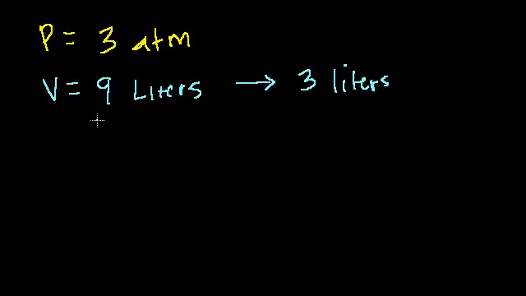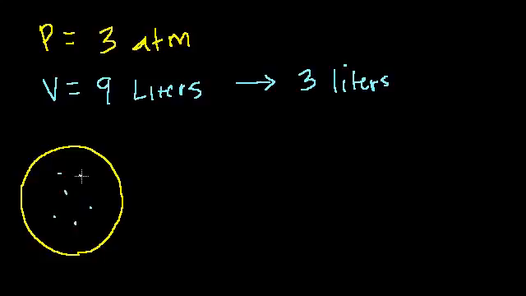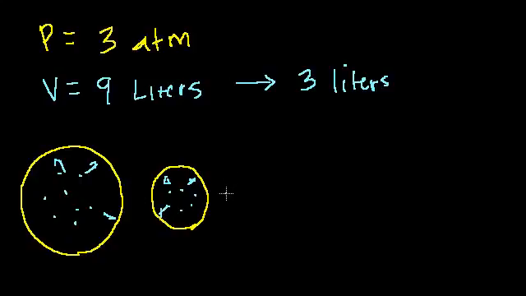In our very original intuition behind the ideal gas equation, we said, if we have a certain number of particles with a certain amount of kinetic energy, exerting a certain pressure on their container, and we make the container smaller, we have the same number of particles, n doesn't change, the average kinetic energy doesn't change, so they're just going to bump into the walls more. So when the volume goes down, the pressure should go up.